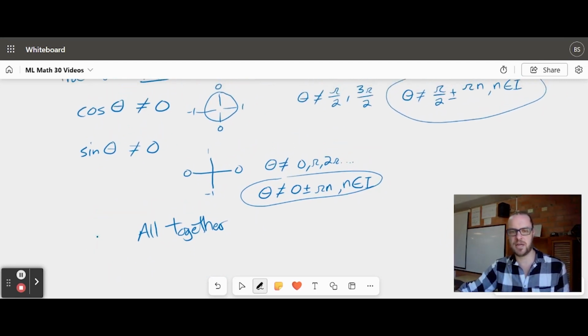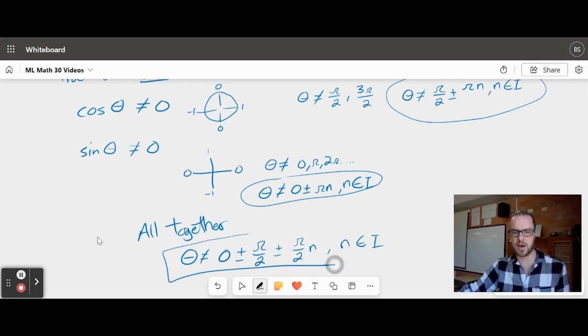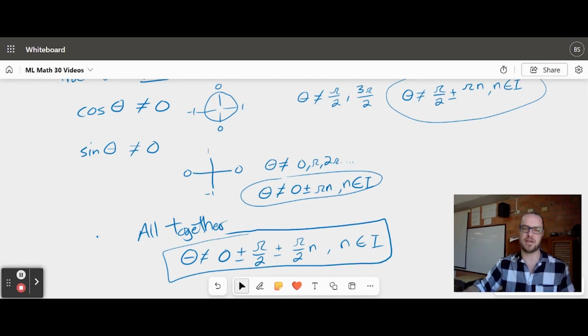And so what we're going to do is we look here, theta is not allowed to be 0 or pi over 2 or pi or 3 pi over 2. And so really what's happening here is we're adding or subtracting pi over 2, n where n is an element of the integers. And this is basically combining both of those statements to say that we can't be any of those cardinal directions, right?